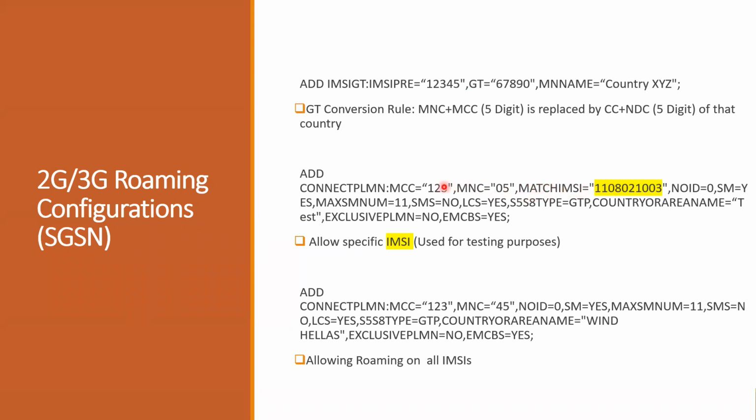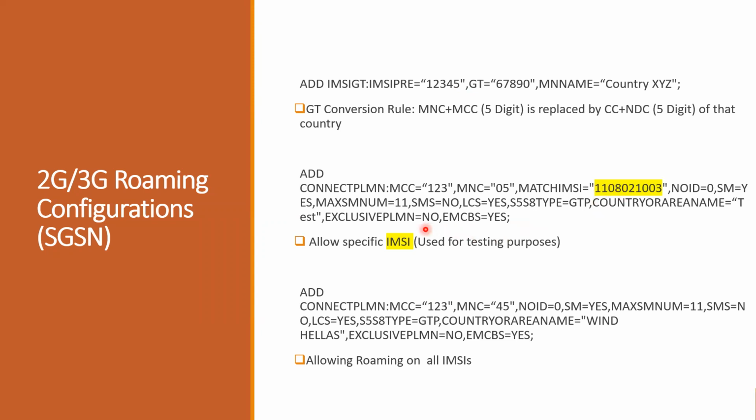So if your complete IMSI was 123051108021003, for testing purposes you're not going to allow roaming for each and every user of that specific operator. So you're going to open roaming for one specific IMSI or multiple specific IMSIs. So this ADD CONNECT ELEMENT command has the option of specifying a specific IMSI which can be allowed for roaming for testing purposes.